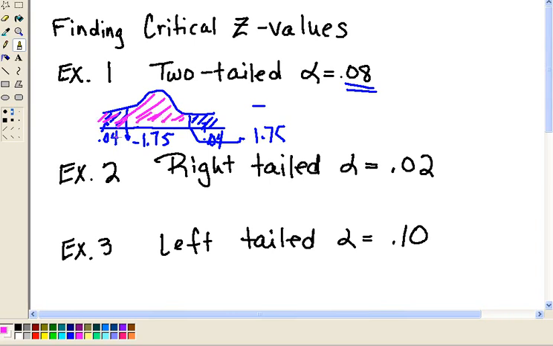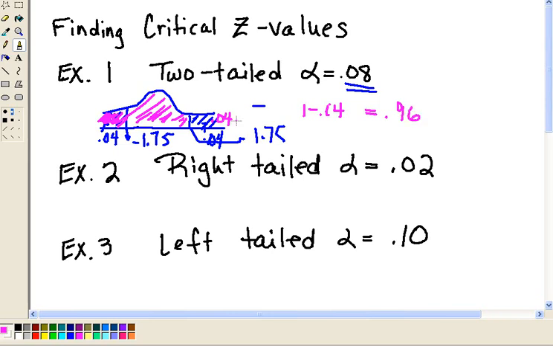That's why when I looked up 0.04, it gave me the critical value where the area to the left would be 0.04. But now if I want my area to the right to be 0.04, I take 1 minus 0.04, which would have given me 0.96.